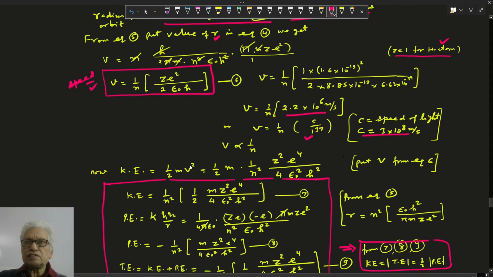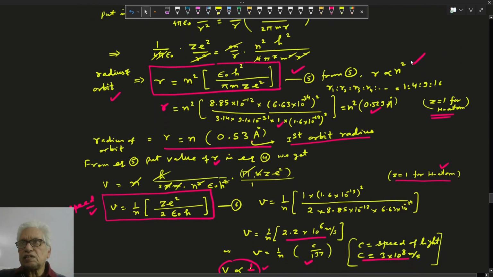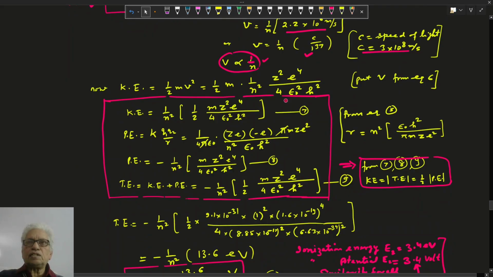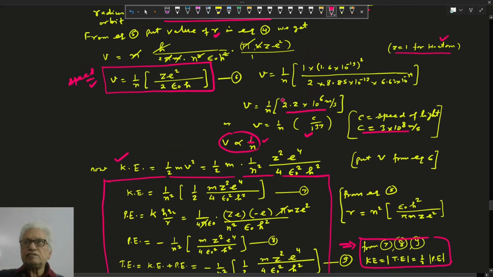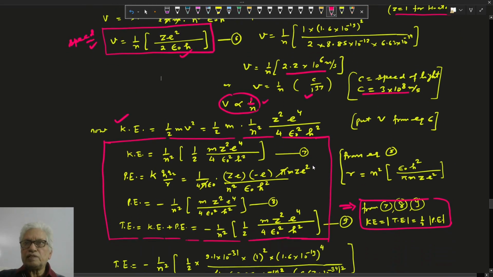Here v is inversely proportional to n, or directly proportional to 1 by n. As n increases, v decreases, and as n increases, radius increases n square times. Kinetic energy is given by half mv square; putting the value of v from equation 6, we get the kinetic energy.